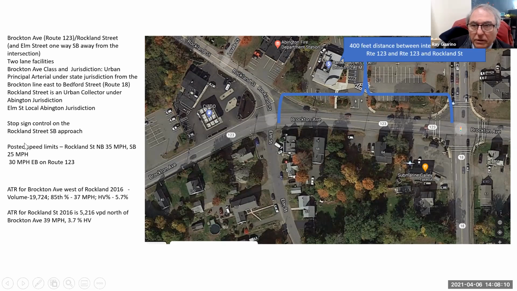Does anyone else have any comments, suggestions, or questions? One comment: to try and stop the cut-through that people make from the Rockland Street approach using the Citgo gas station, we could consider closing the two driveway entrances closest to the intersection.